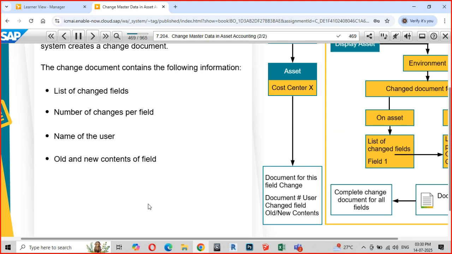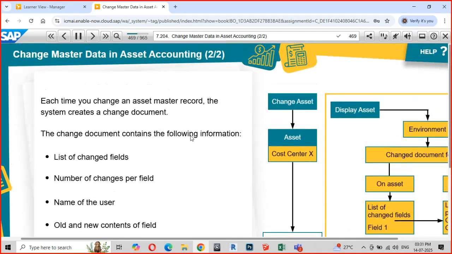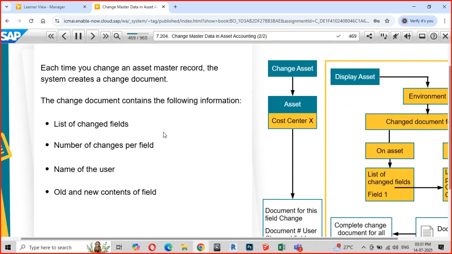SAP collects all the log. So do you see how beautifully the system is designed? So once your user ID appears in the SAP system, you cannot say that I have not done this.